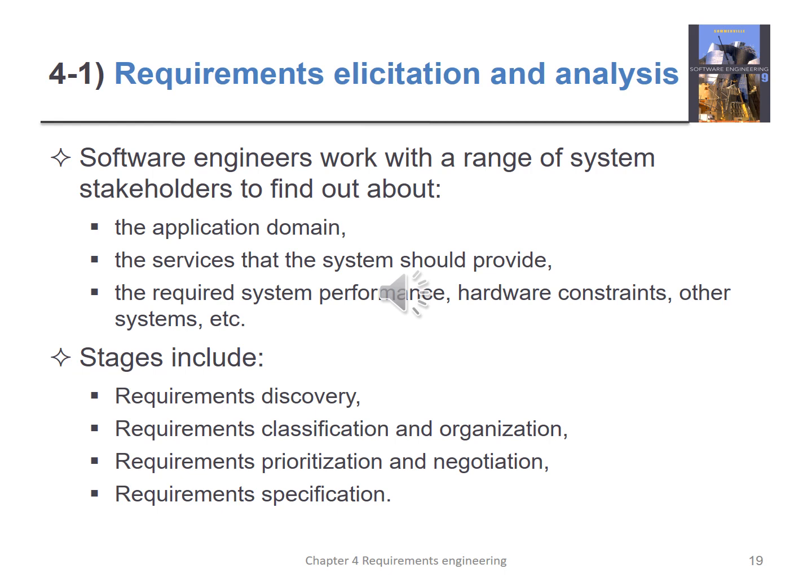Then after that, we have to specify them. We have to put some specification in each requirement, because the requirement comes in one line. So we really need to specify it: what's the input, what's the output, what's the logic behind it, plus all these kinds of things.